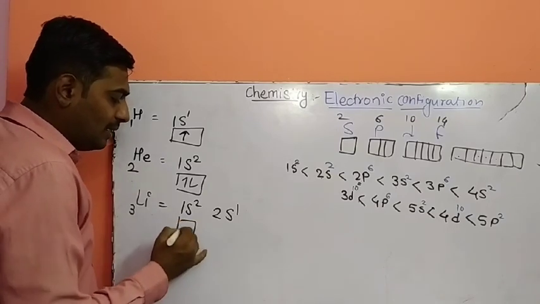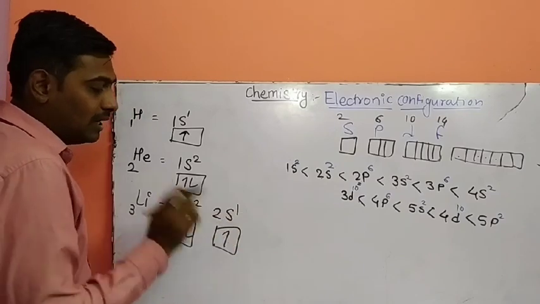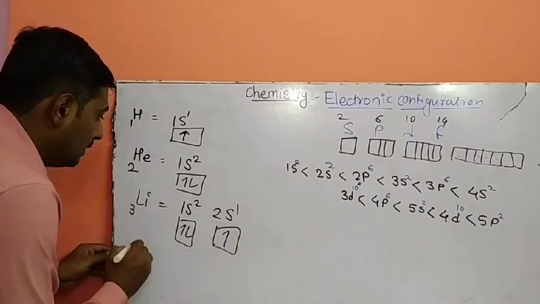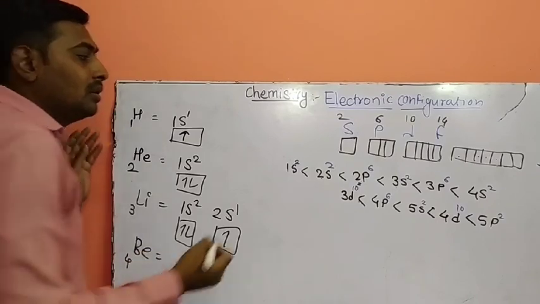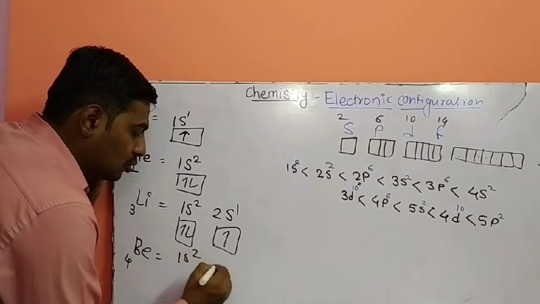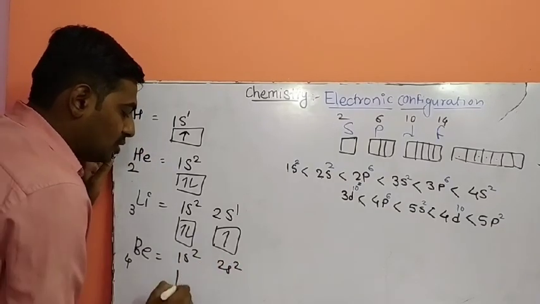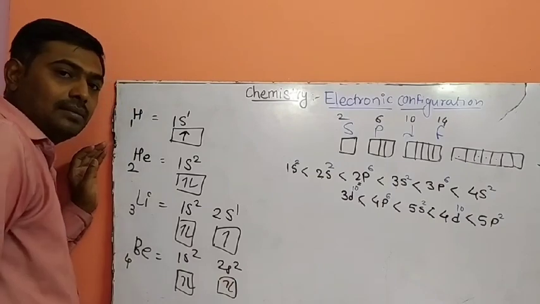So the orbital will be 1, 2, and here 1 electron only. The next, beryllium, atomic number 4. So 1s2 and 2s2. The electron representation should be like this.